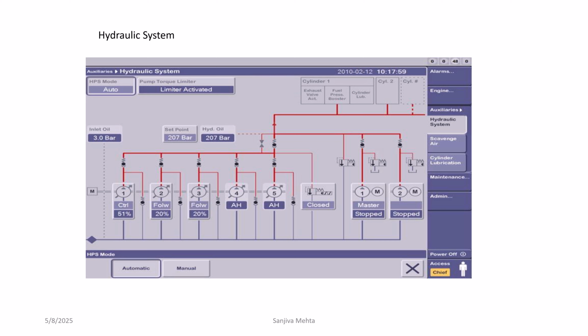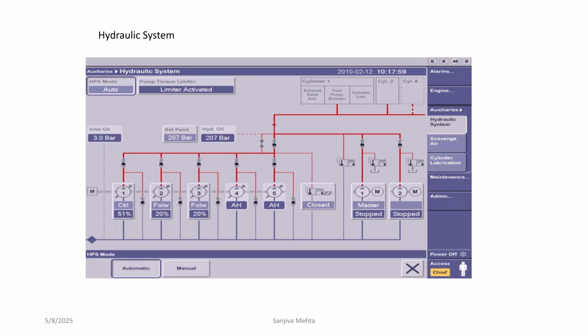Whenever the demand increases or reduces, both ways, the control pump immediately changes its discharge capacity by changing its swash plate, and then the follow-up pumps will gradually rise up and meet the demand. The control pump will come back to 50% capacity.